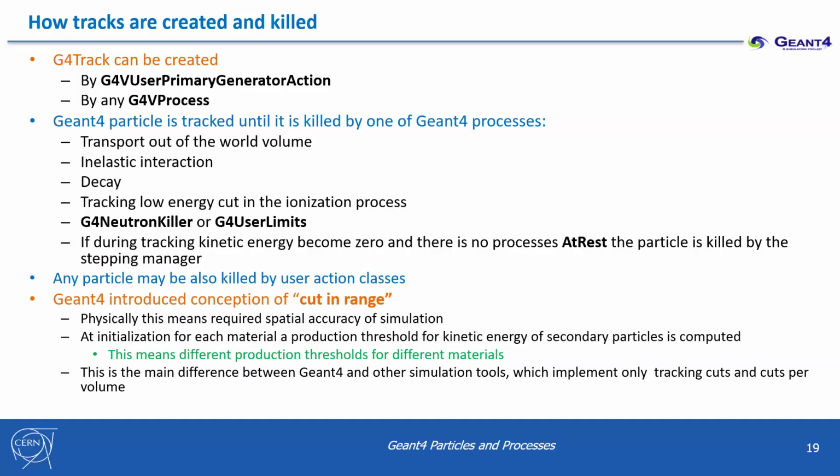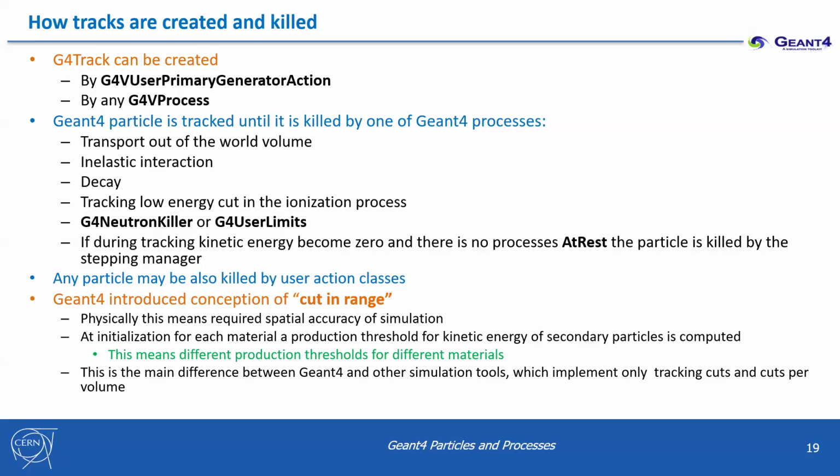And the user can add to the list of processes so-called G4UserLimits, which allow deciding, by some criteria that you want, in some circumstances, to remove a track from the simulation.